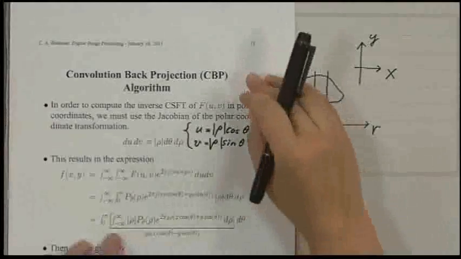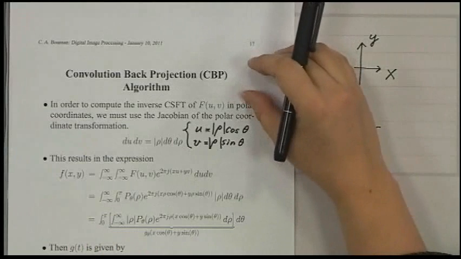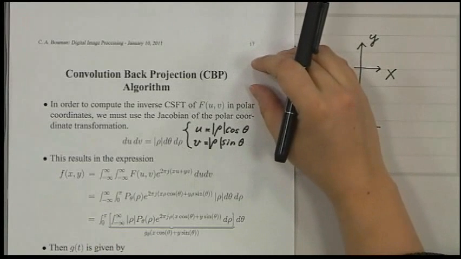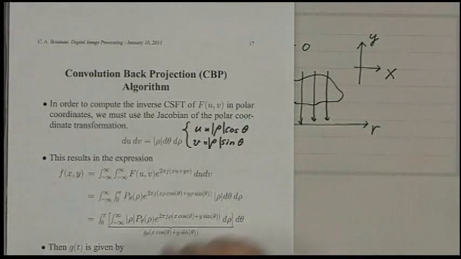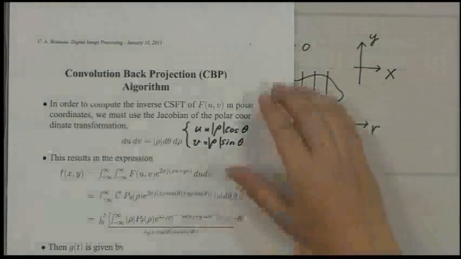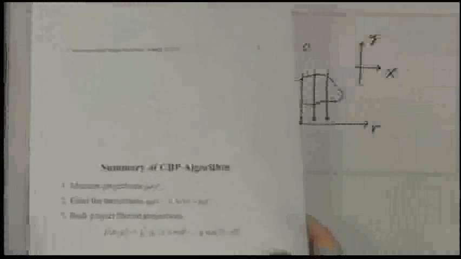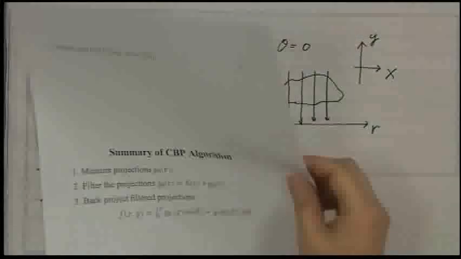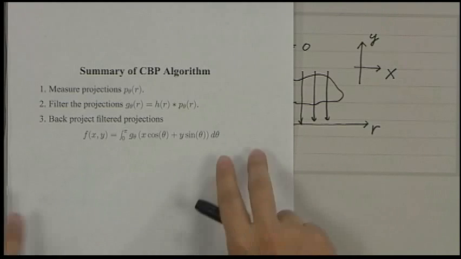If we use convolution back projection, we don't need any calculation in the frequency domain, so it's computationally quite fast. This algorithm is a little bit complicated, so let me show the summary first. Without thinking about any theory behind it, I will just tell you how to do it first.